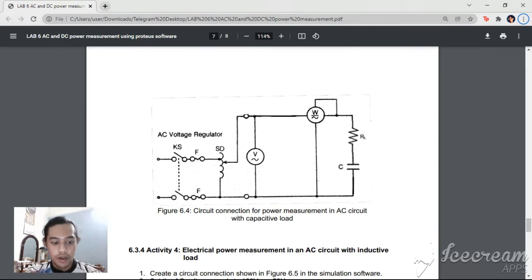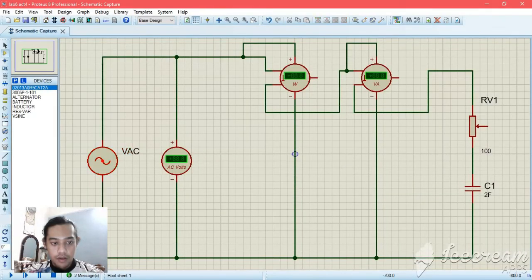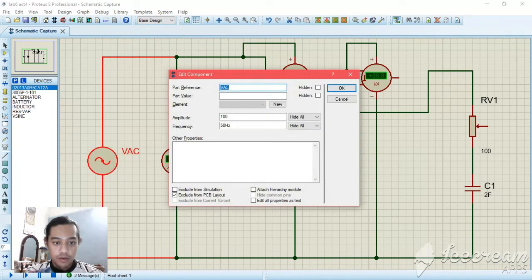For the software, we use the Proteus software. For the next step, we have to set the supply to 100 volt amplitude and the frequency to 50 Hz.